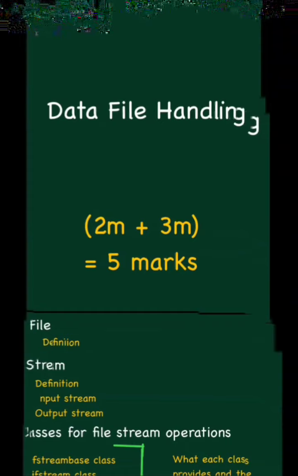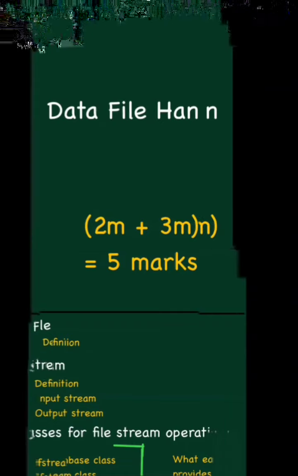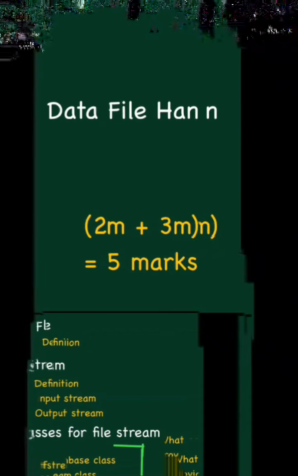Then, what are the file modes for opening a file? This is a very important question. You can expect this question for 3 marks. You can see this question in a number of model papers. So concentrate on this important topic, file modes for opening files. You may be asked to explain any 3 or any 5.